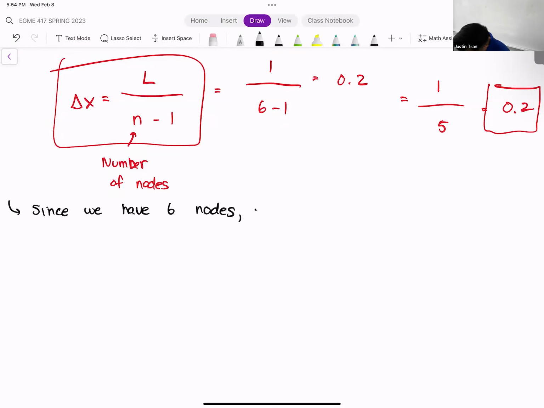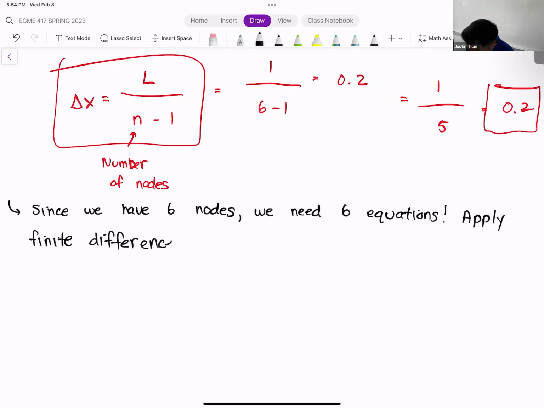And to get 6 solution values, for 6 nodes, that means we need 6 equations.